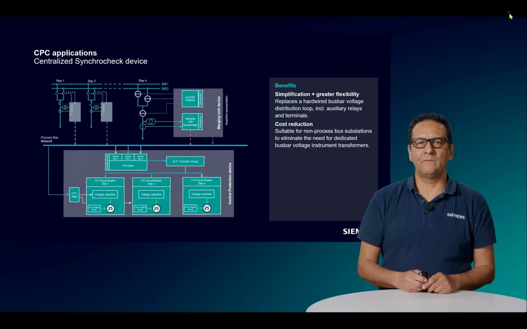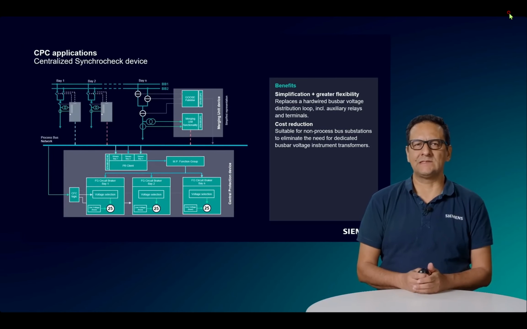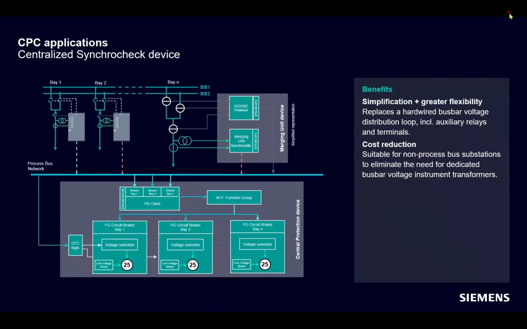Now, let's move to the second application, which is the centralized SIPROTEC device, and explain its benefits. This solution helps us to simplify the system and gives us more flexibility. It replaces the traditional hardwired voltage loop to choose the busbar voltage in stations without busbar voltage transformers.